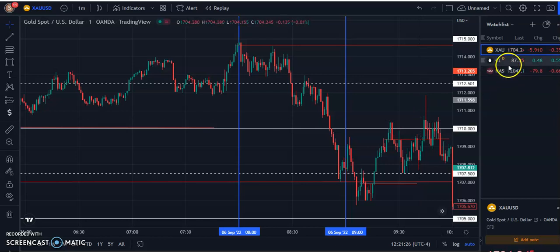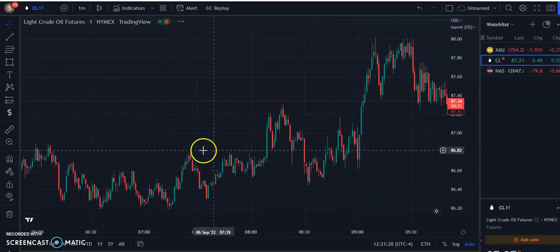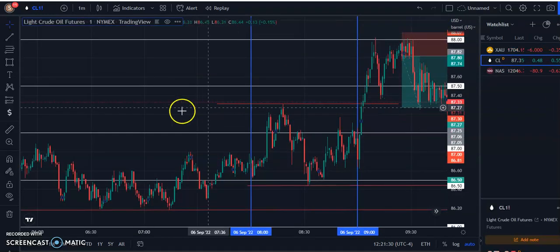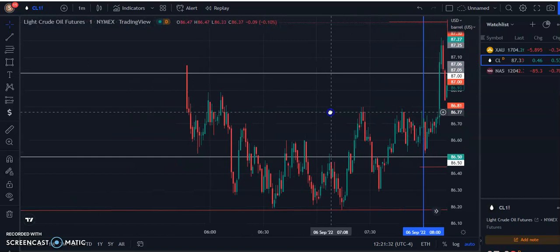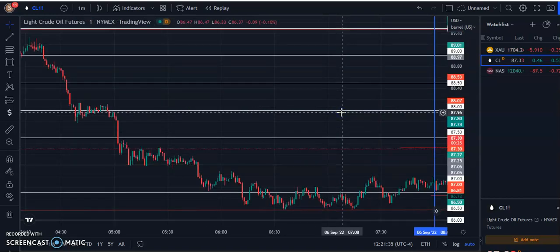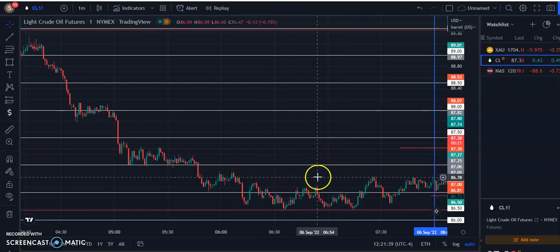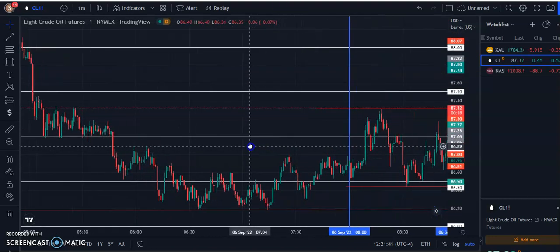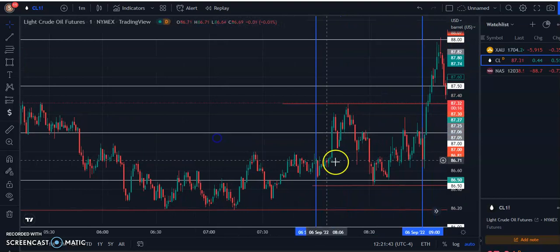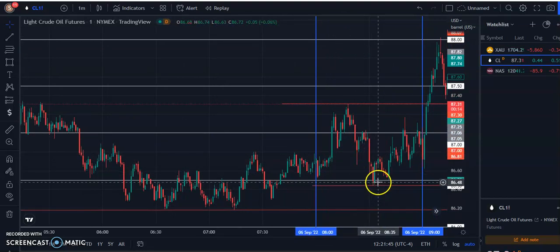Now, let us look at oil. Oil gave me a very nice setup. Now, the process is the same. I plot the low and the high of the day. And then the first hour gives me the high and the low of the session.